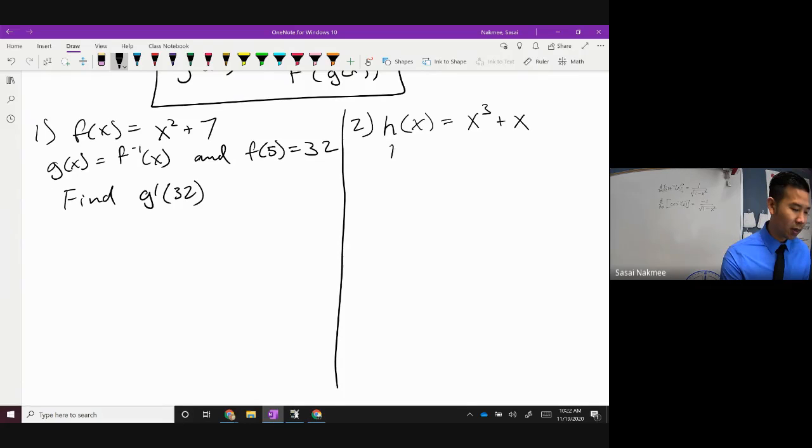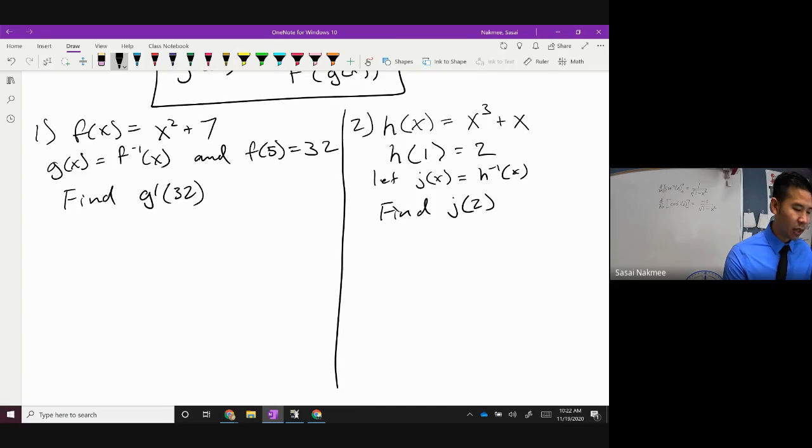And I'm going to tell you that h of 1 is equal to 2. Also, let j of x be equal to h inverse of x. I want you to find j prime of 2. Find the derivative of the inverse function evaluated at 2. So go ahead and start on that.